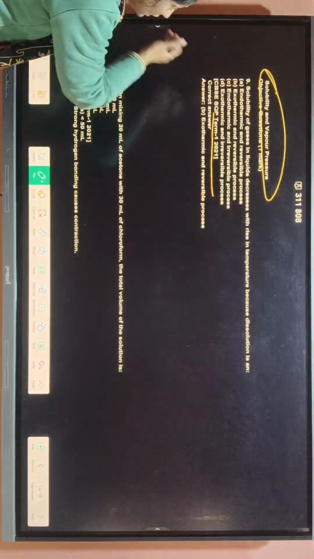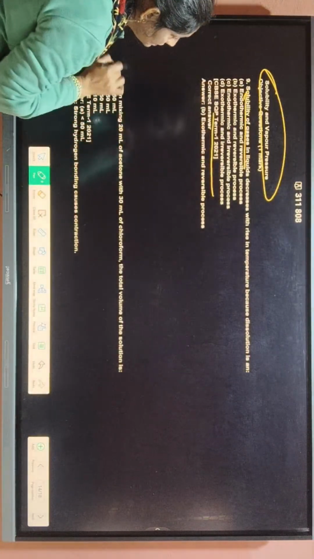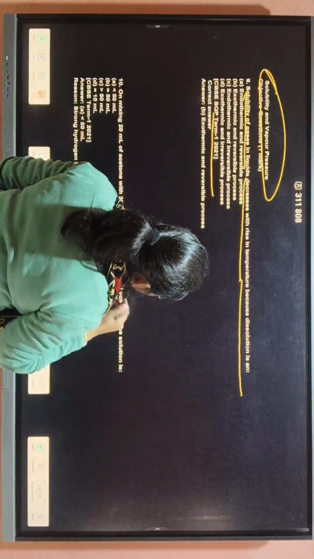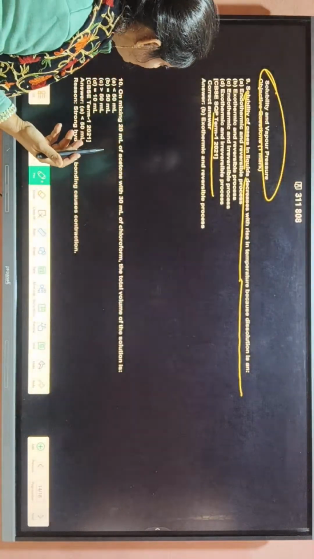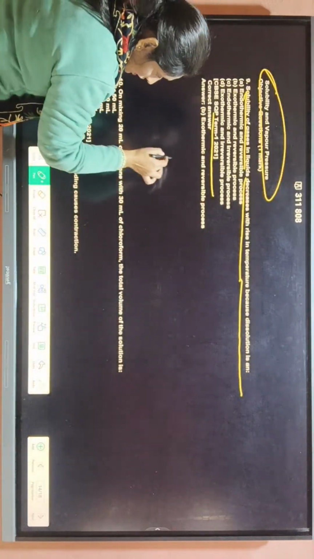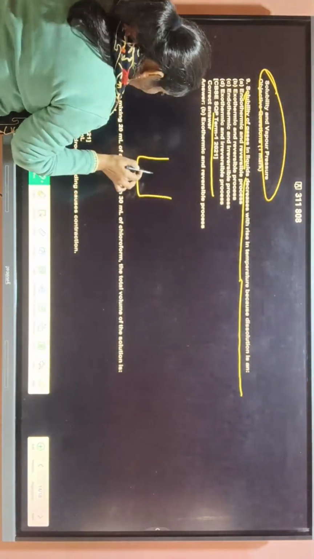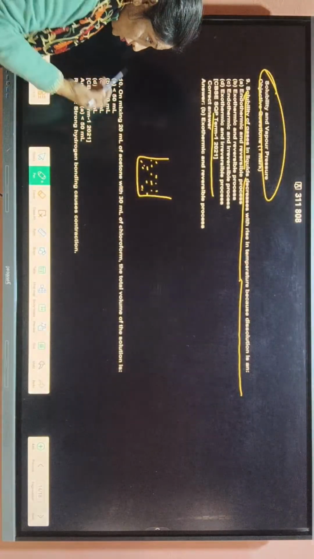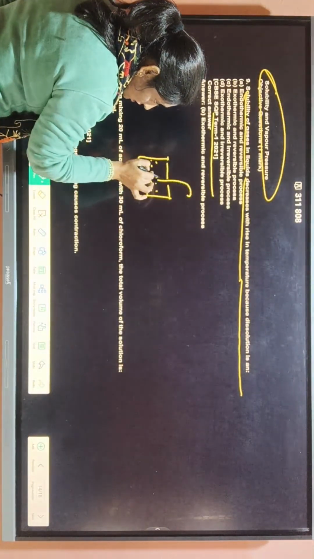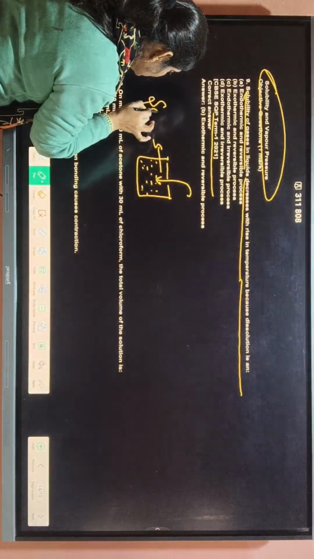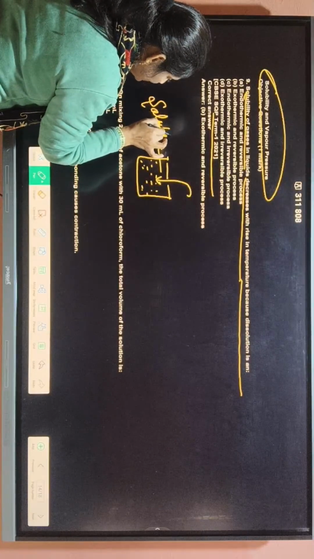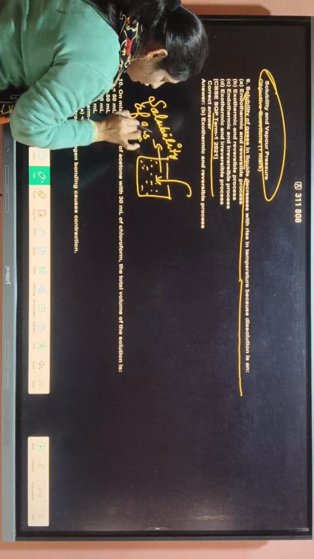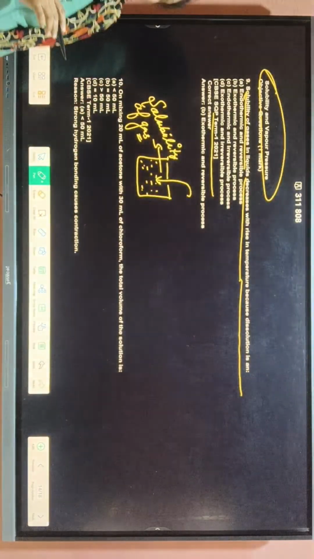Now students, our question is: solubility of gases in liquid decreases with rise in temperature because the solution is... Students, according to Henry's law, solubility of gas will increase when pressure increases.